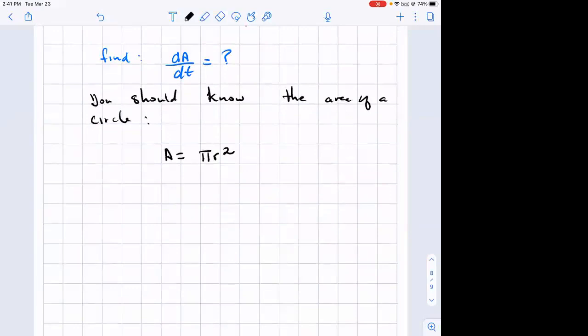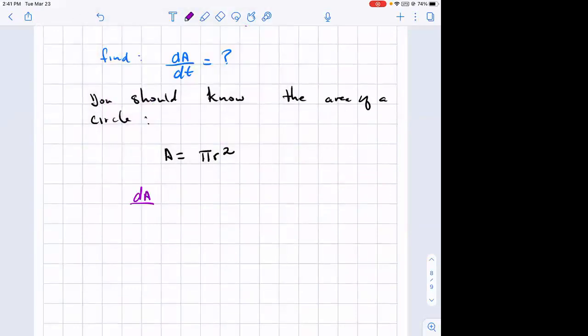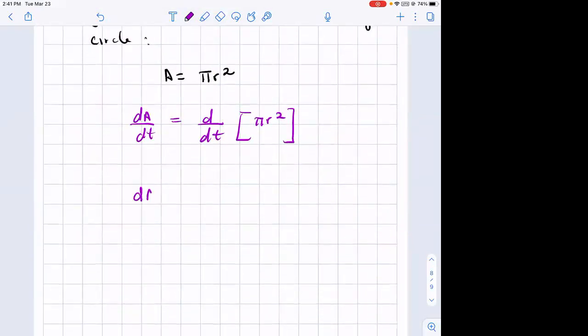So now dA dt is going to be d dt of pi r squared. Obviously, the pi comes out, so dA dt is equal to pi and then d dt of r squared.